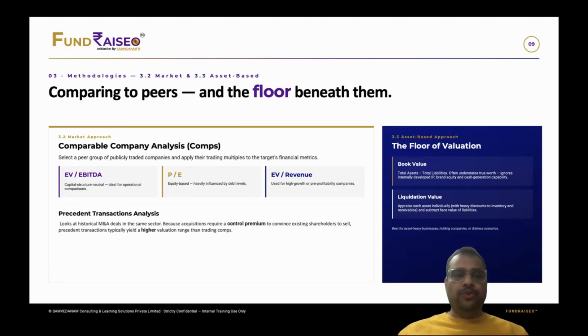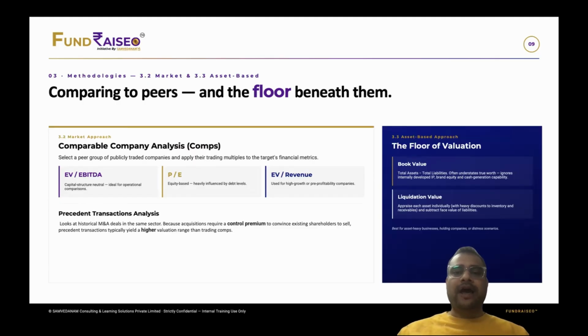So how do we actually do that? We select a peer group of publicly traded companies, right? And whatever those companies are trading on, we apply those multiples to the target's financial metrics. So if you are trying to value an X company, and that X company is still an unlisted company, what you try to do is find companies which are of similar business in nature, in a similar segment, operating with similar benchmarks in terms of revenue and margins, and especially on the listed side, companies which are actually getting traded.